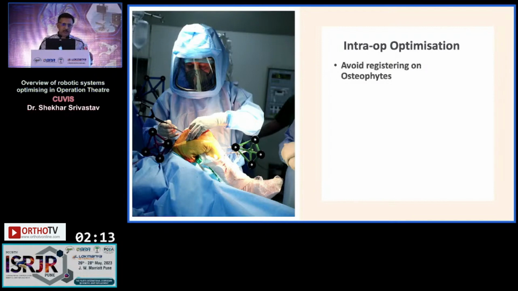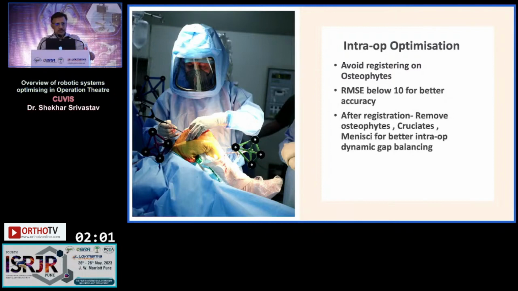Secondly, it's very important that you register, you map these points properly. Don't register on the osteophytes or else you will have some discrepancy. After registration, it's better if you remove the osteophytes, the cruciates and menisci before the gap assessment. That way your gap balancing will be much better.